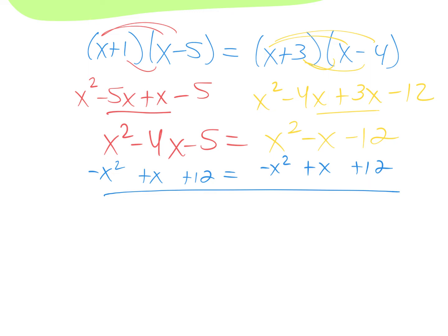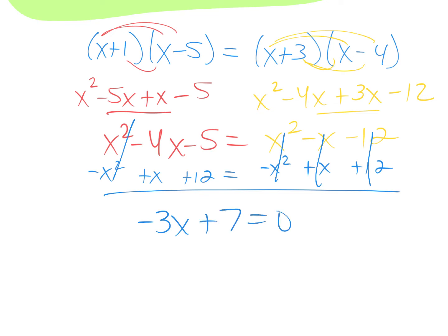I like x squareds to be positive, so 90% of the time they're on the left-hand side positive, but it doesn't matter. I just like everything on the left. So over here, everything cancels out. What happens with x squared and negative x squared on the left-hand side? Okay, so negative 4x and x is negative 3x plus 7 equals 0.